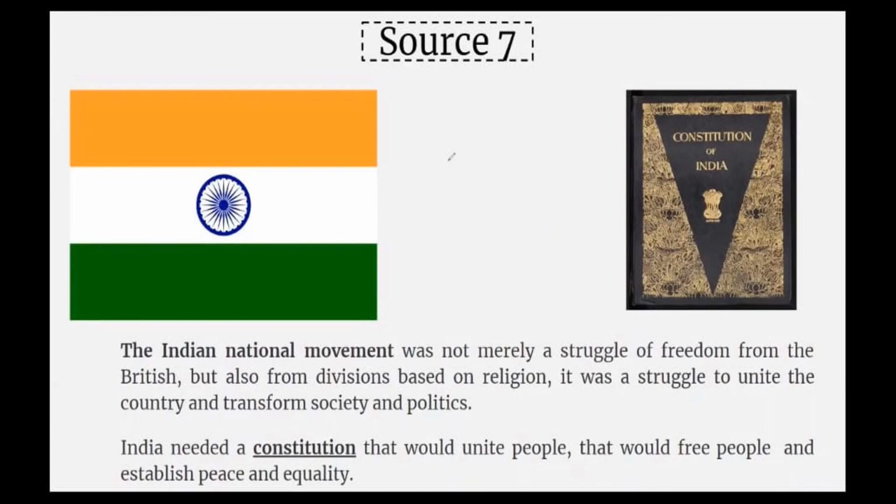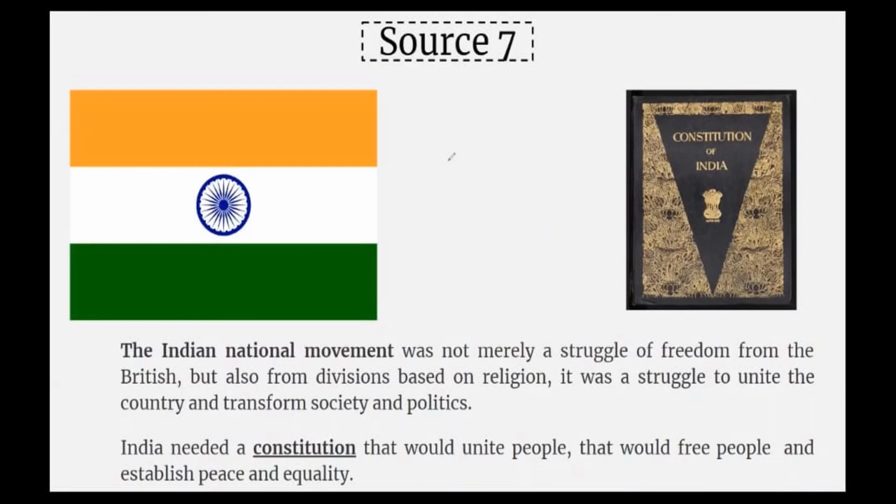They divided Indian people based on their religion. So India got its freedom from that as well, and India united. Right, it was a struggle to unite the country and transform society and politics.